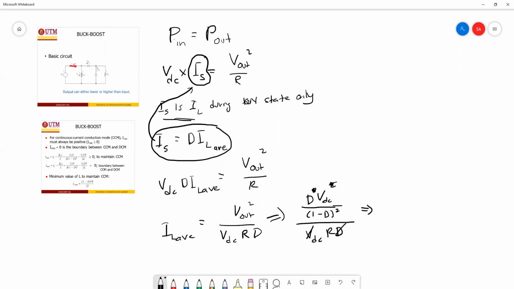So finally your IL average is D VDC over 1 minus D square R. This is your IL average.